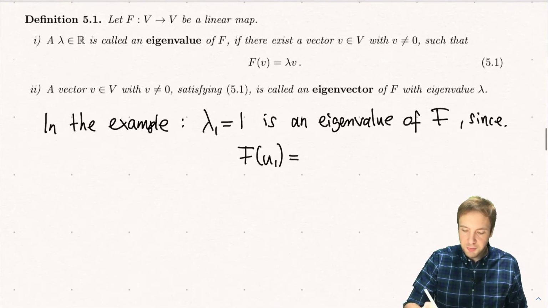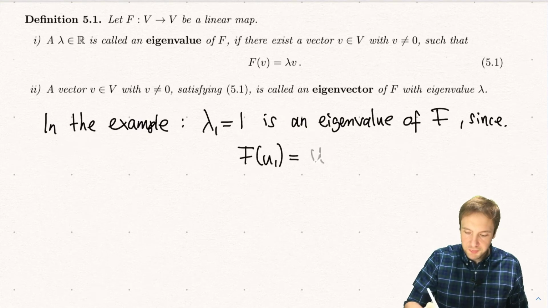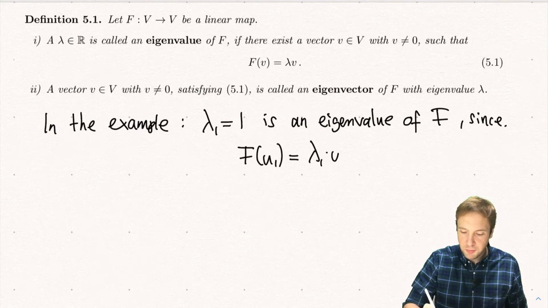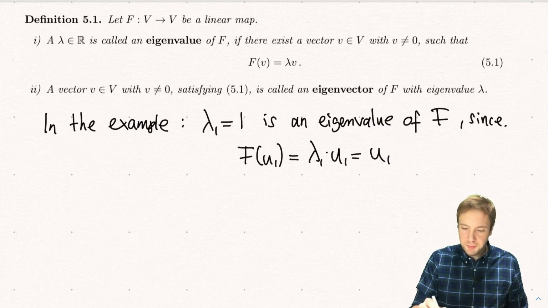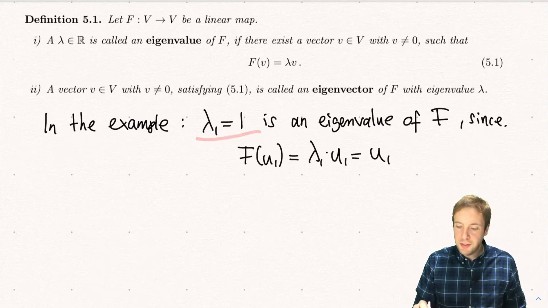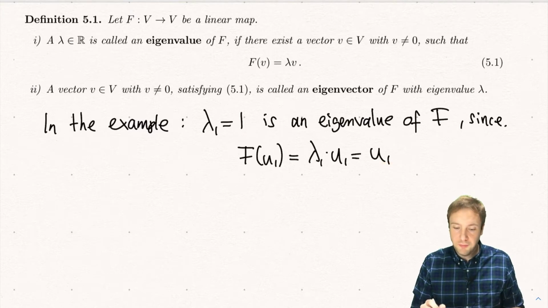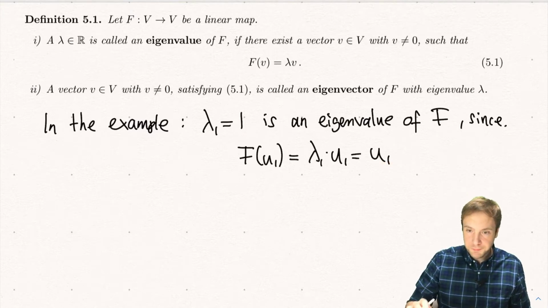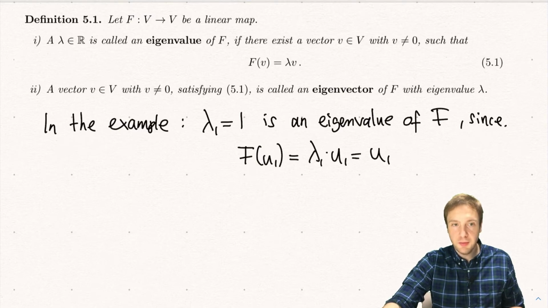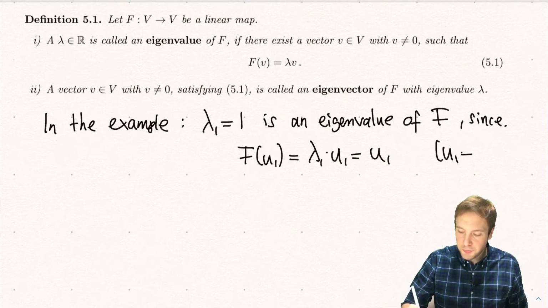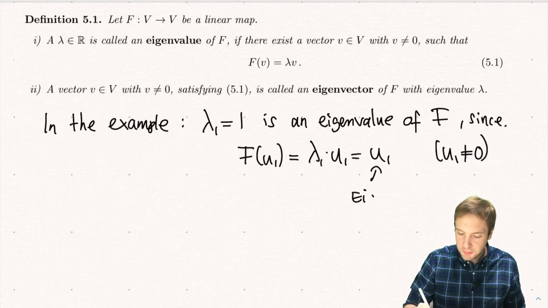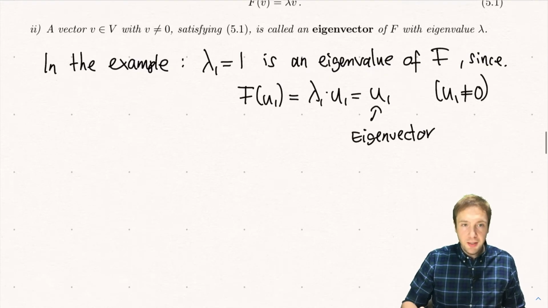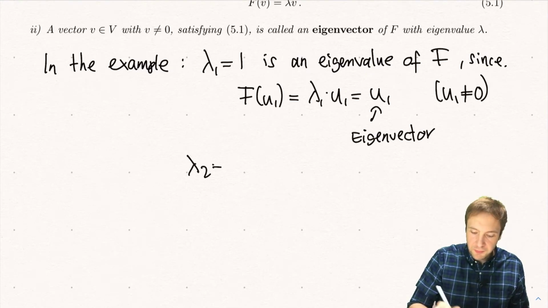So more precisely, this is lambda 1 times u1, so it's just u1. So this lambda is an eigenvalue, and this u1 is an eigenvector, and also this u1 was not 0. And also we had the eigenvalue -1.